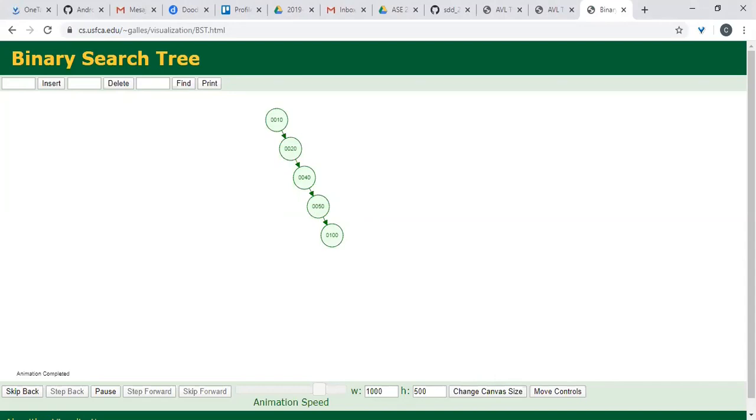But you have a more complex structure because it's a binary search tree. So instead of having only next, you have right and left. So binary search trees are vulnerable to this kind of scenario when the values are inserted into the tree in an order. They are sorted ascending or descending.